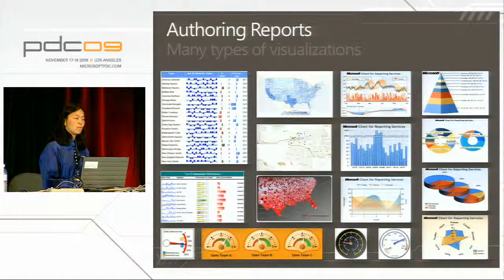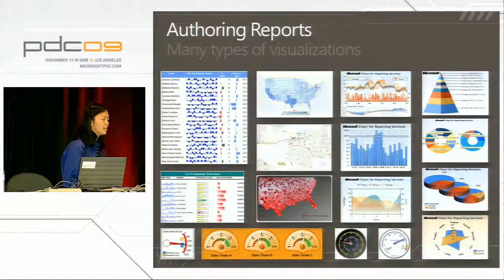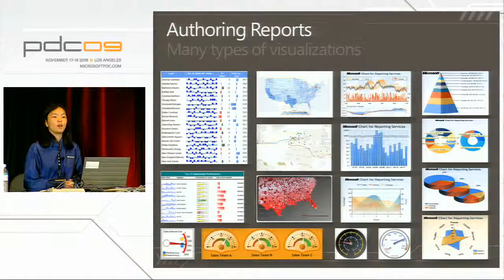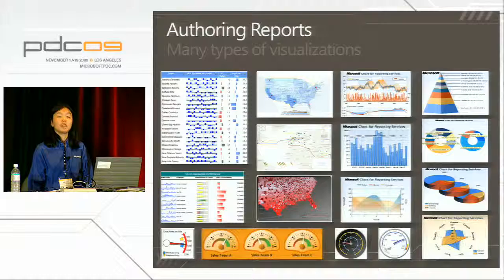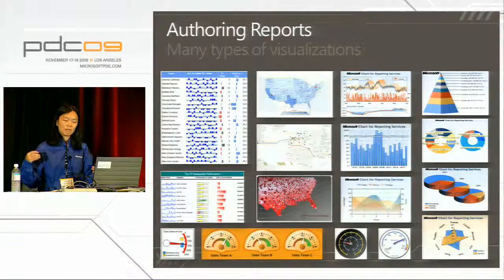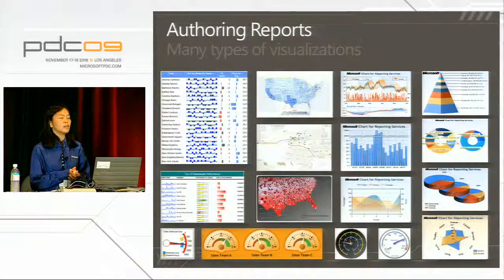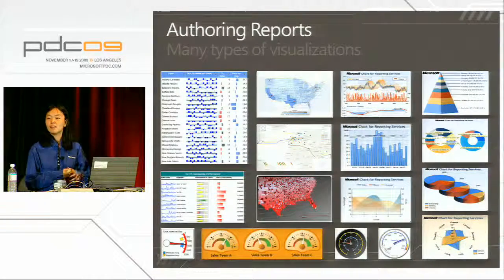We also support KPI-like visualizations, such as the gauges that you see down below, and in our tool, we have added support for mapping. What it means is that you can integrate data with geographical locations into your business intelligence solution. We have also improved our usability to create Excel-like KPIs, indicators, data bars, or sparkline visualizations.